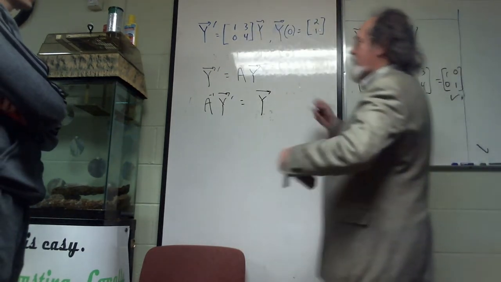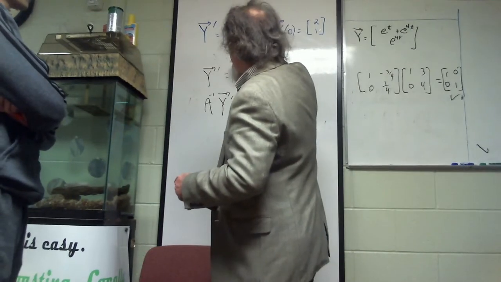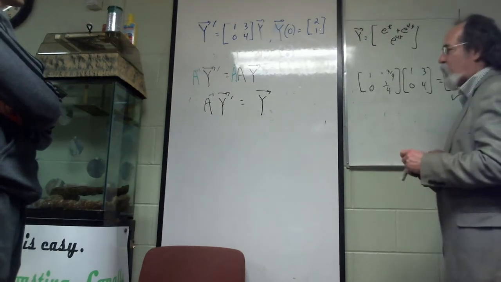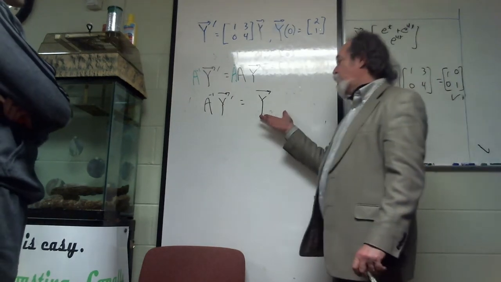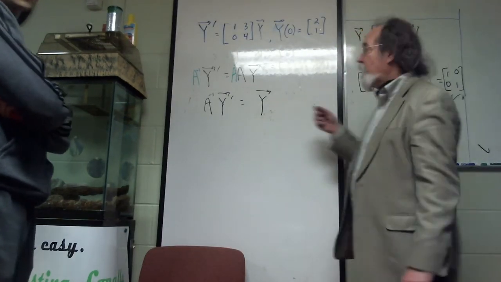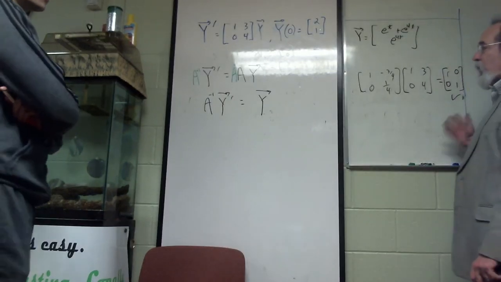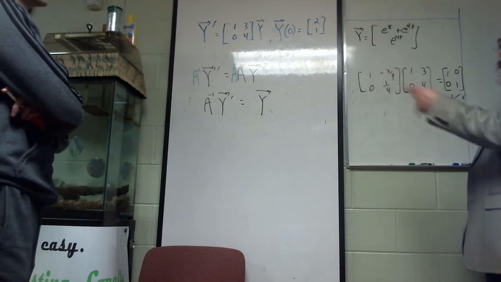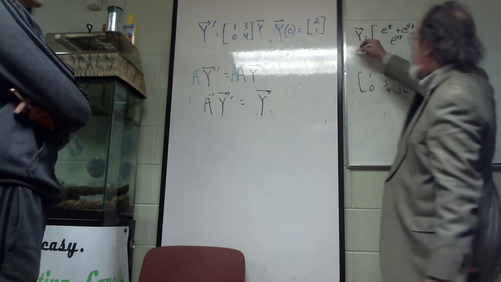A inverse A gives me the identity, so that side's back to regular Y. And remember, we were always looking for Y. Well, we found it. So now we're just checking. We never found Y prime, which we would be doing if we were going to do a check anyway. So let's find Y prime.